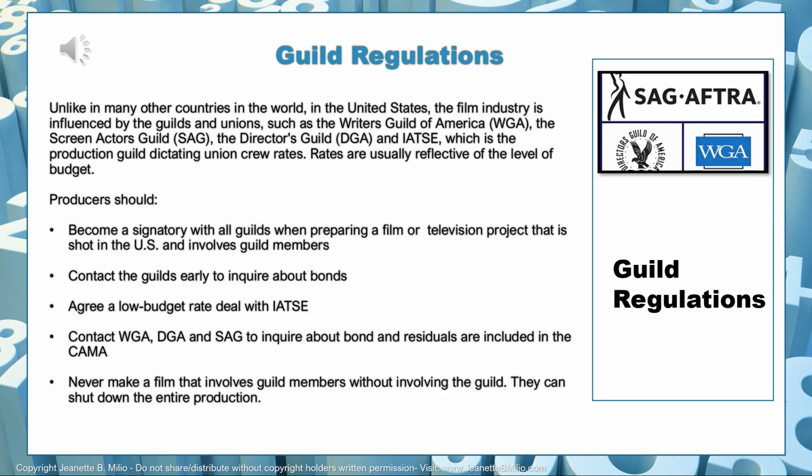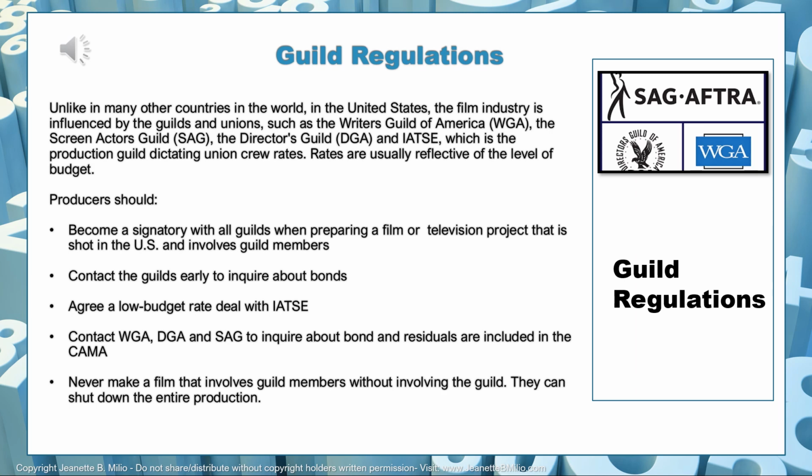Producers should, A, become a signatory with all guilds when preparing a film or television project that is shot in the US and involves any of the guild members. So if you have a director that is part of the DGA, you're going to have to include the DGA and apply DGA rules and regulations. When you have SAG actors, which is very likely because most actors that are known are SAG actors.